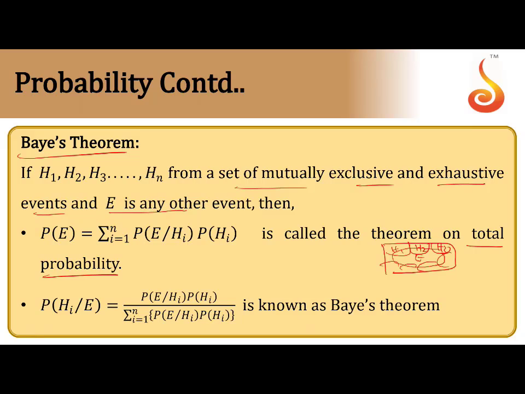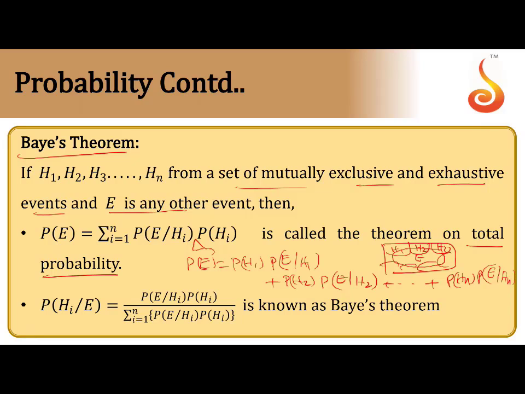That is E. So in this case, probability of E equal to probability of H1 into probability of E given H1, plus probability of H2 into probability of E given H2. Keep on doing this. The last is probability of Hn into probability of E given Hn. The entire thing you can call the total probability theorem.